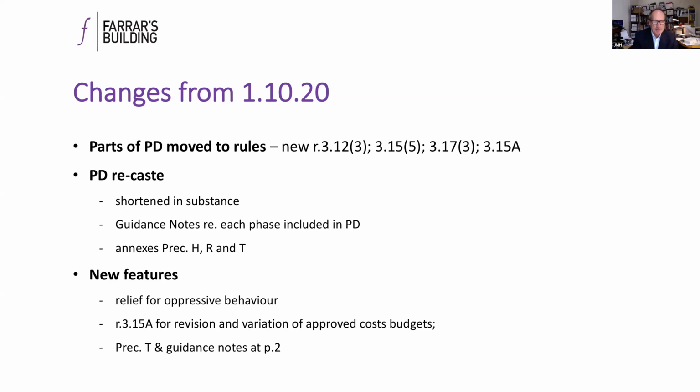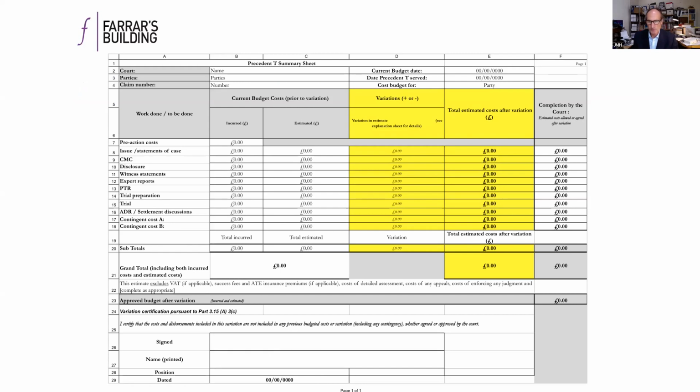Secondly, we have some new provisions, Rule 3.15A, for revision and variation of approved costs budgets. And there we have reference to a new Precedent T, which has some guidance notes as well. I haven't put up the guidance notes, but you can have a look at Precedent T, a copy of which is here.